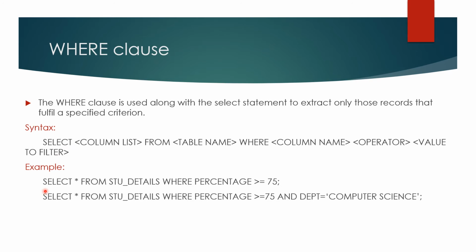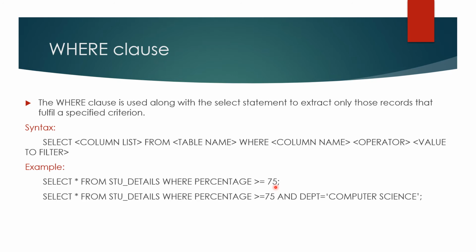Let's see the example, then you will understand how the where clause works. The first example is select star from student details. Till here we know how the query works, right? All the columns will be displayed from the table student details, and here is an extra clause, which is where percentage is greater than or equal to 75.